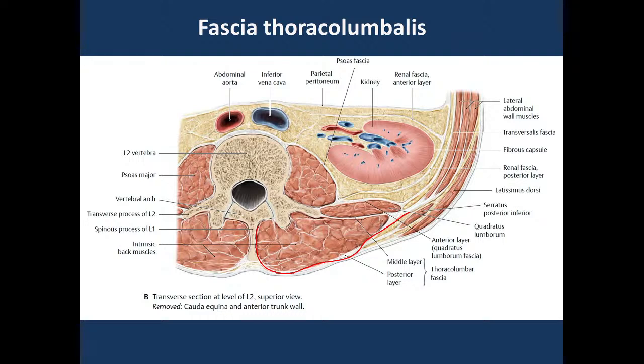Here is the superficial, then you see our posterior layer. This is the middle layer of the fascia, and here is the anterior layer.